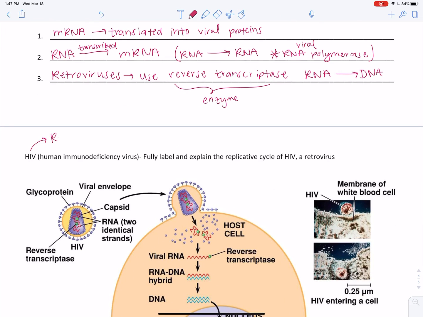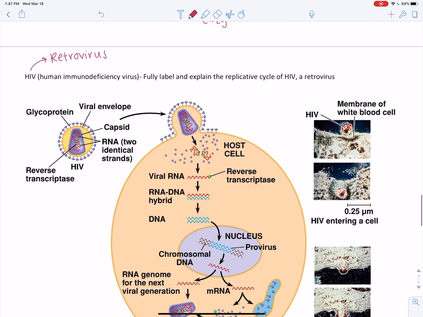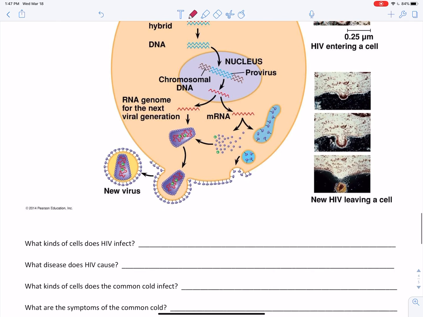HIV is a retrovirus. HIV is short for human immunodeficiency virus, and that's because it infects white blood cells, which are a vital part of the human immune system. They are your defense.